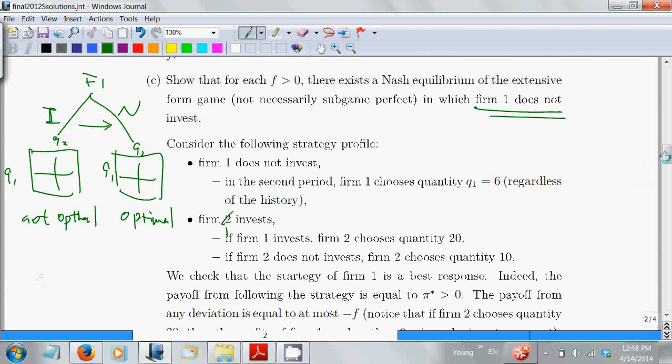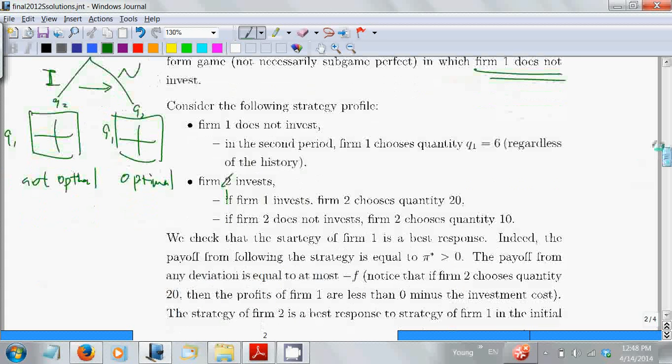So the correct Nash equilibrium, I think, goes like this. In the first period, firm one will choose to not invest, and in the second period, we need to specify after each history how these two firms behave. So after history I, firm one would say still 6 would be okay.